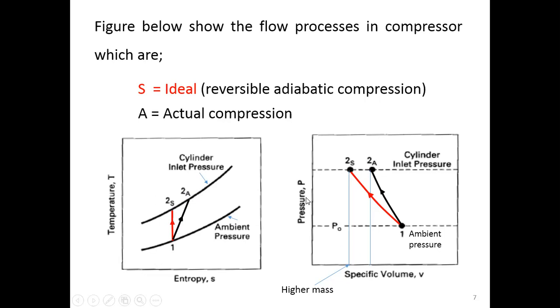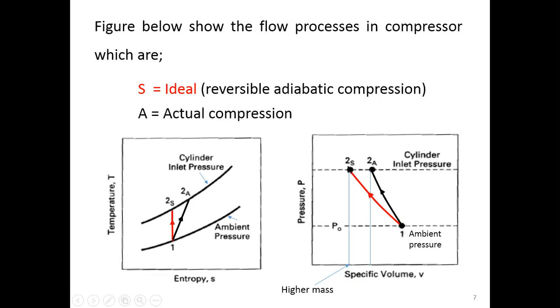Okay, how about the pressure and specific volume diagram? We also have two lines of pressure, the ambient pressure and the cylinder inlet pressure. Point 1 is the actual, because we draw the air from the ambient. And in terms of the isentropic process, we draw in the direction of decreasing specific volume.